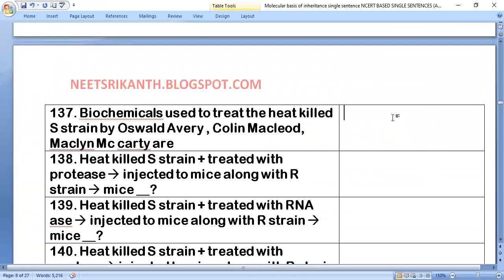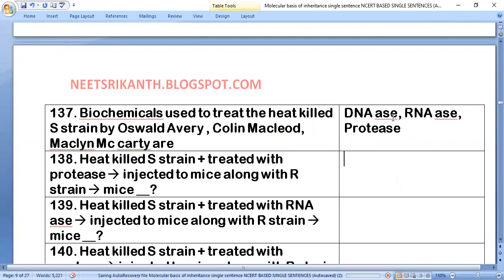Biochemicals used to treat the heat-killed strain by Avery, MacLeod, and McCarty are DNase, RNase, and protease. Heat-killed S strain treated with protease, injected to mice along with R strain, mice die.